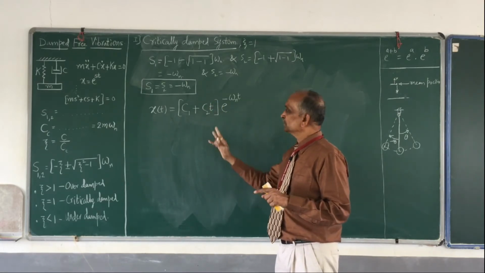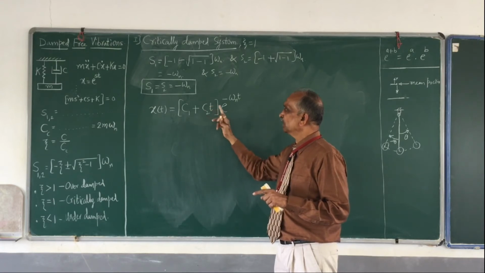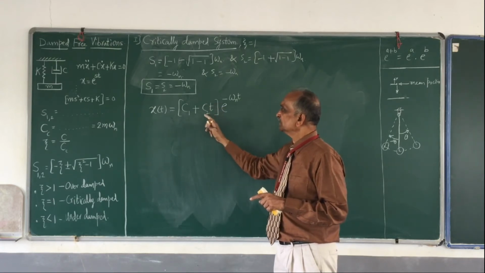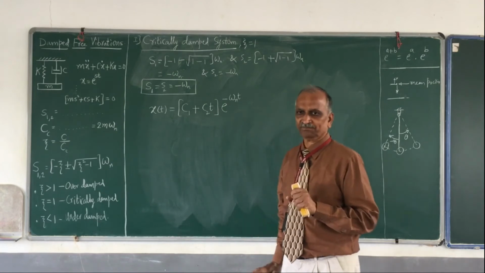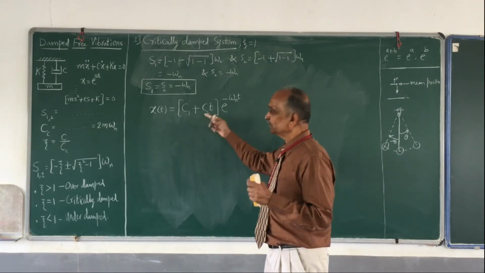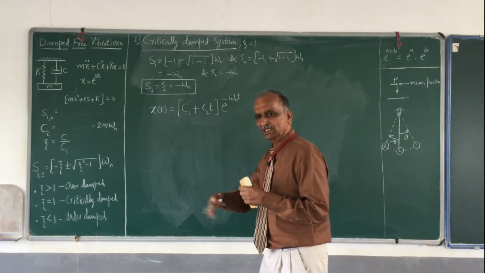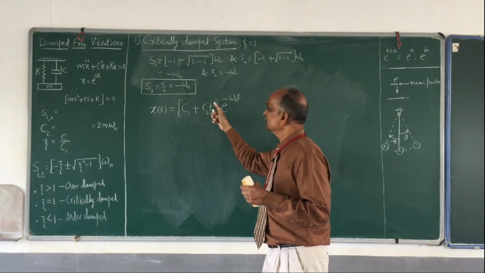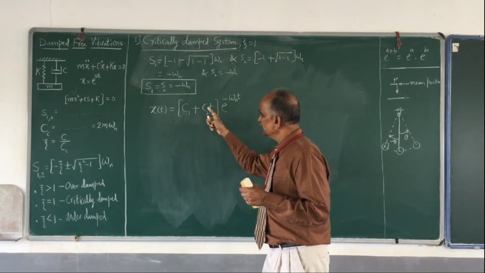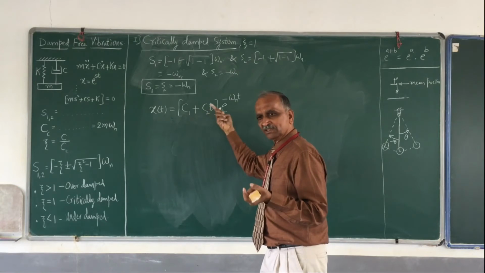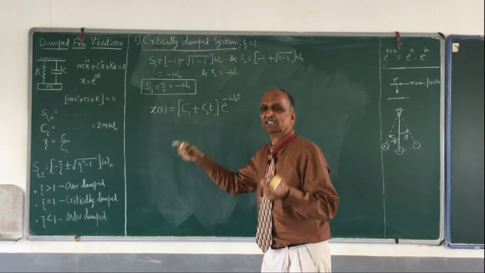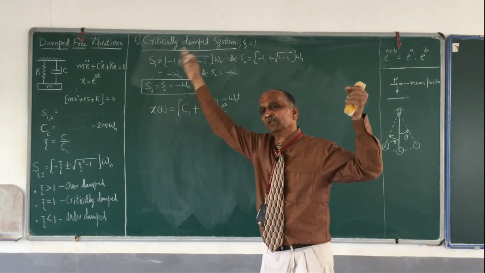So for different values of t, this term is not changing its sign. C2 is constant, t is always positive. Then whatever is the sign of C2, the same is the sign of C2 into t for any value of t.